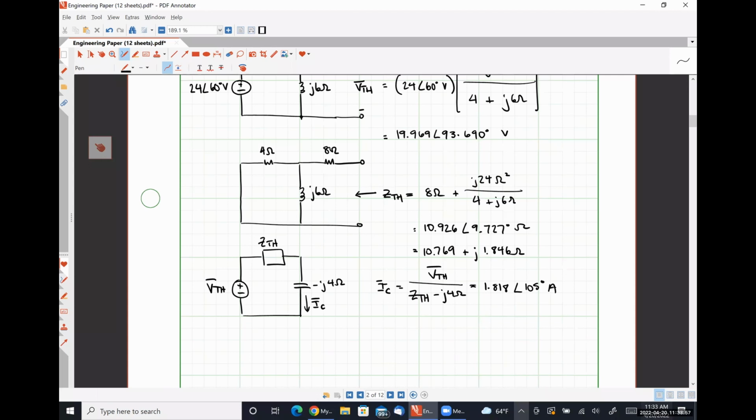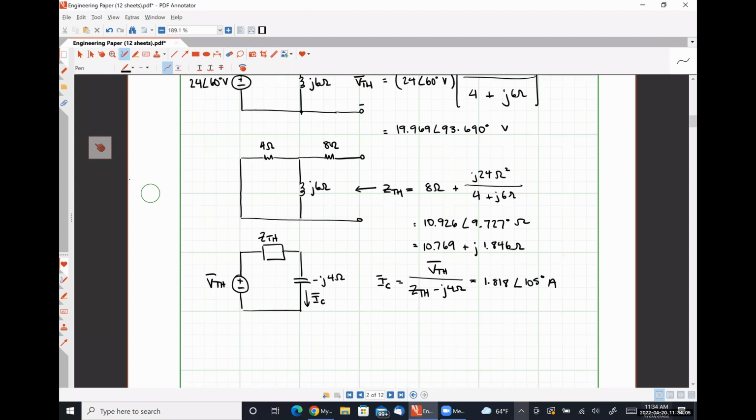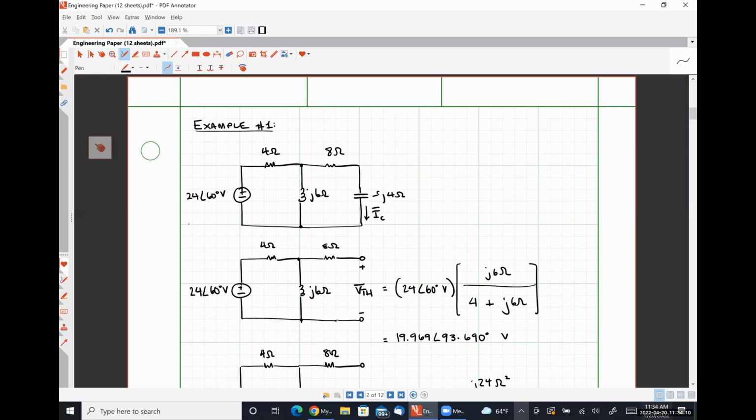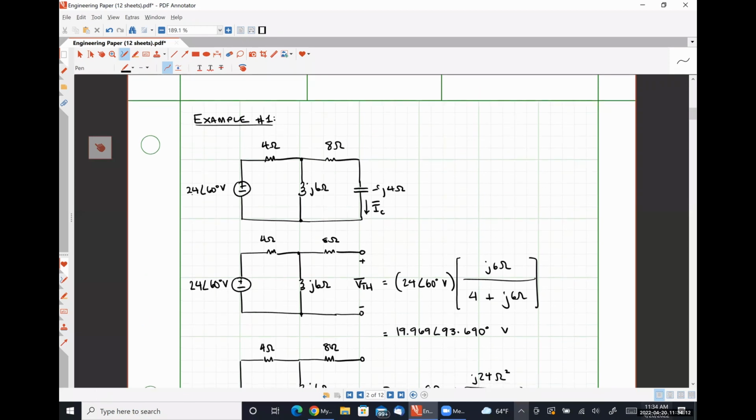Okay. Now, before we explore what I was talking about with Connor and the concept of frequency dependent impedance and how to take that into account, let's scroll back up here and talk about other ways that we could have solved the circuit.